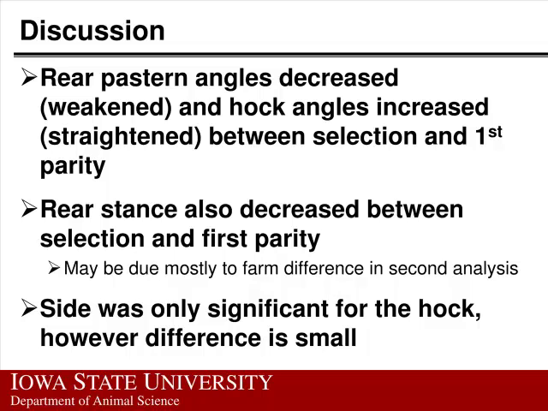And then rear stance also decreased, but that again may be due mostly to a farm difference in that second analysis. And side was only significant for the hawk, however those differences are small. So a lot of times what we talk about in this is that those biological differences may not actually be, or the statistical differences may not be biologically important. But degree differences of roughly 5 and 6 degrees are fairly large.